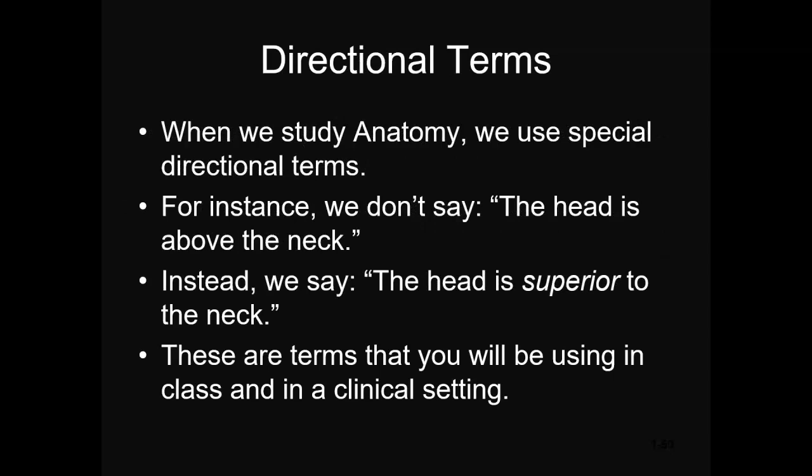We also use specialized directional terms, superior and inferior. We'll work these in slowly through the semester. So don't worry a whole lot about just straight up memorizing them. It's one of those things where, much like languages, immersion is probably the best way to learn this.